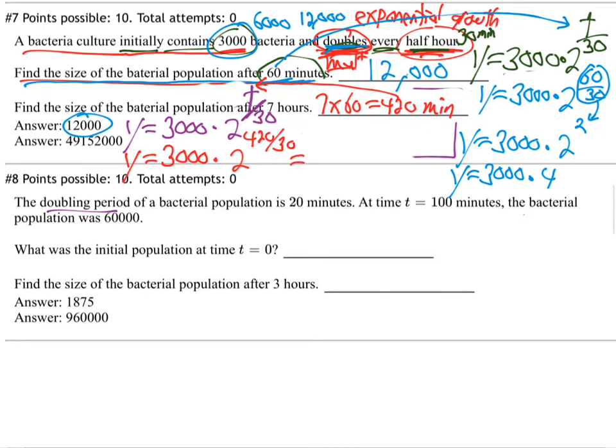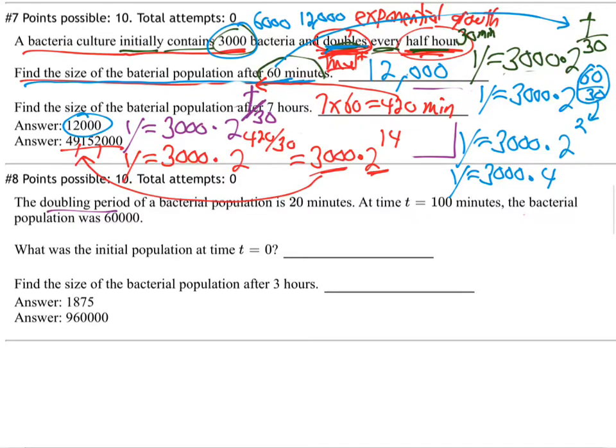And so what does that equal? 3,000 times 2 to the, if you divide that on your calculator, I think you get 14. Then hit the buttons on your calculator: 3,000 times 2 to the 14th power. And you will get this whopping number, which is 49,152,000 bacteria just 7 hours later. See the explosive exponential growth of the bacteria on that problem.